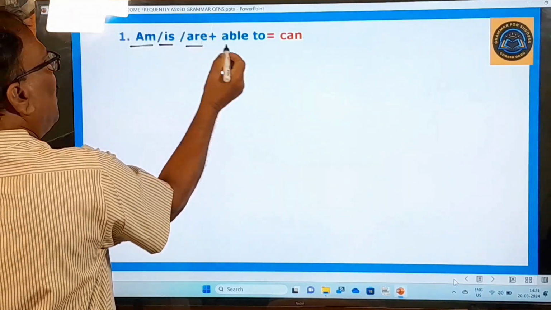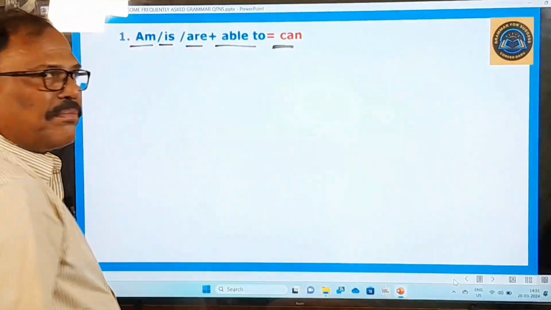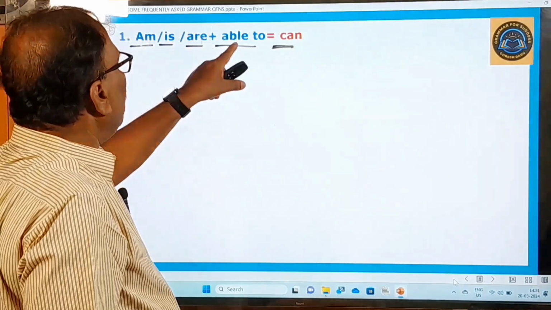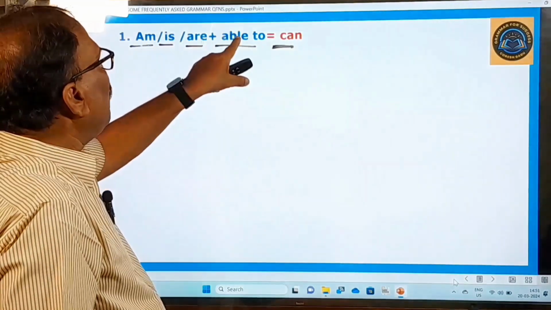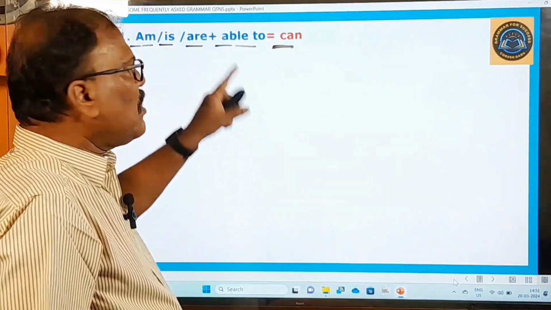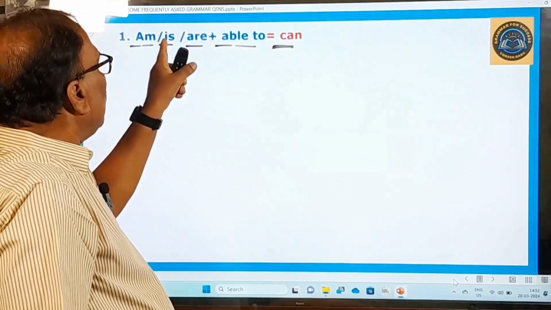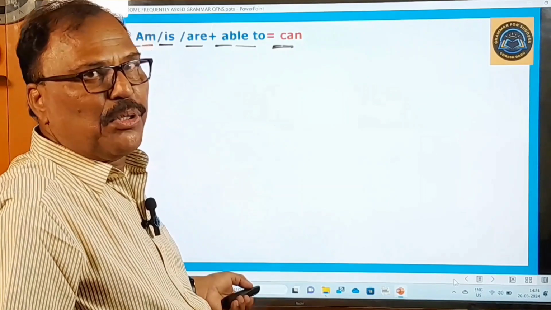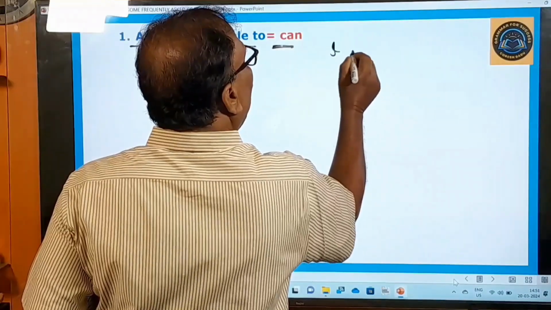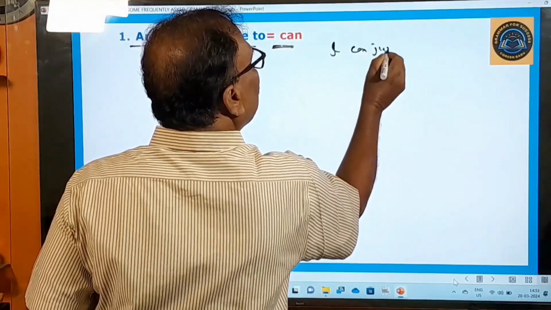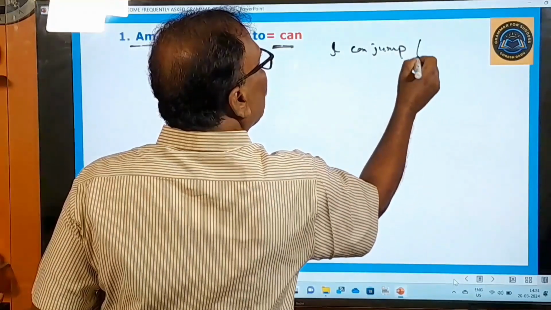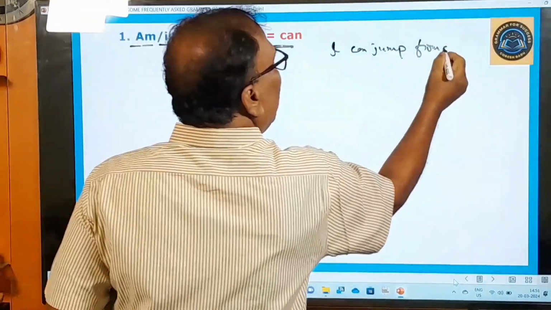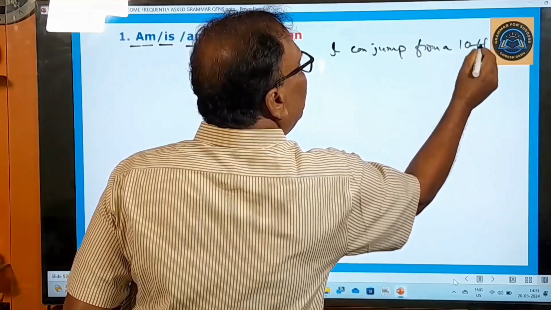And now let's move on to learn other modal auxiliaries. Am, is, are plus able to. That means can. Am able to, is able to, are able to means can. These are the substitutes to can. You can say I can, or I am able to. Both are the same. I can jump from a 10 feet wall.